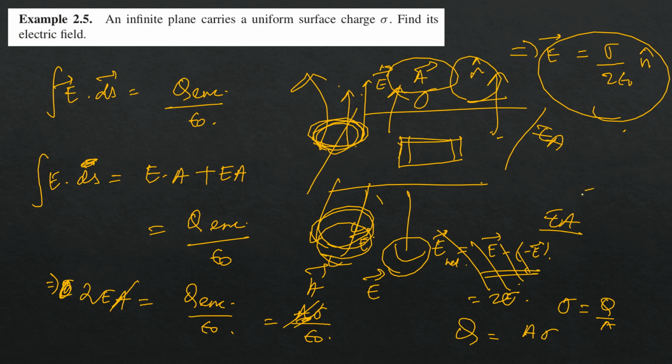Is that alright? Yes, see once. This question is done. An infinite plane carries a uniform surface charge sigma. Find its electric field. We just found it: sigma by 2 epsilon naught. Okay, I'm giving you 2 minutes. Please see through this.